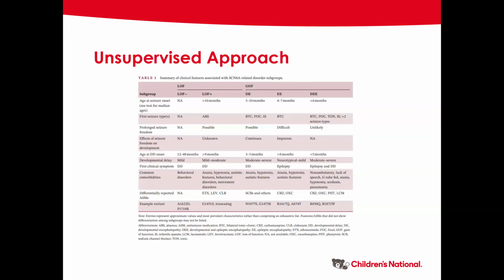I think it's an interesting concept. We've all kind of batched these DEEs or developmental and epileptic encephalopathies into one big group these days, but there may be some utility in thinking about developmental encephalopathy and an epileptic encephalopathy separately. So that's for the future.